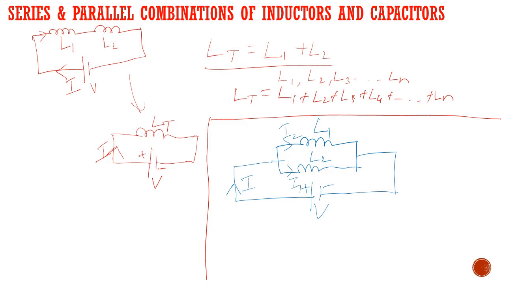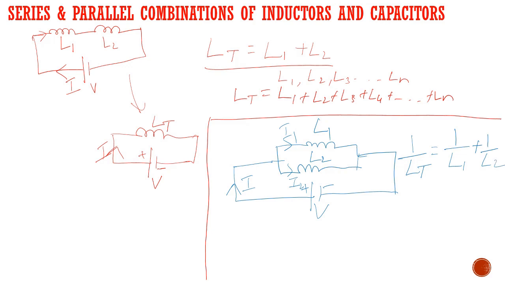We take this one as I2, which is flowing in inductor 2. Now when these two inductors are connected in parallel, then the total inductance can also be written similar to the resistance value, which is 1 by total inductance is the summation of reciprocals of individual inductances.